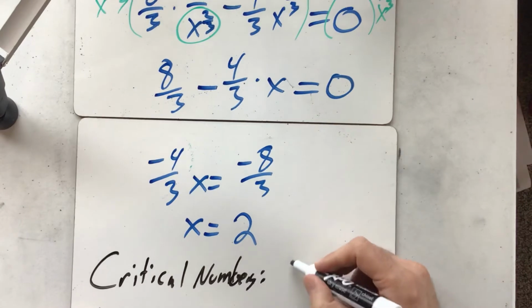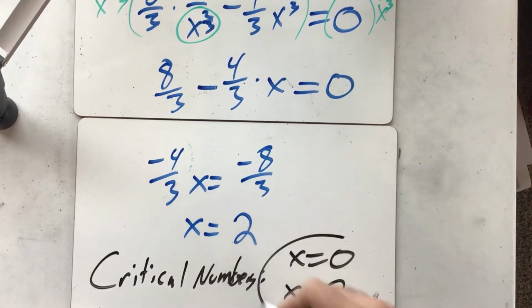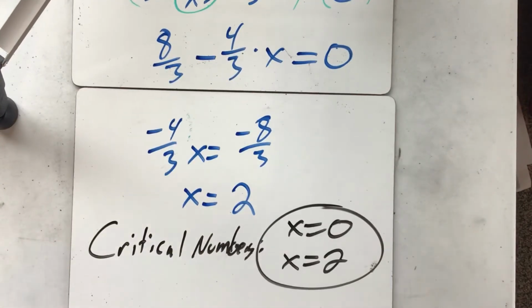Our critical numbers are x equals 0 and x equals 2. So we got two critical numbers for this problem. And this is an important skill, so it's really important that you can take equations, even ones that are a little messy, and go do this analysis and find out where the critical numbers are.